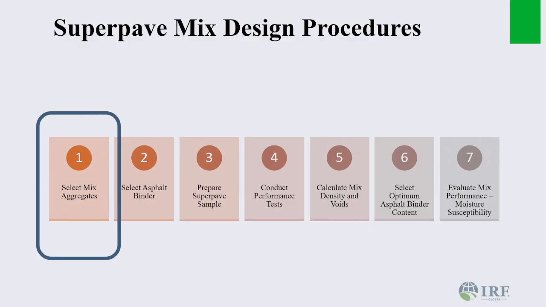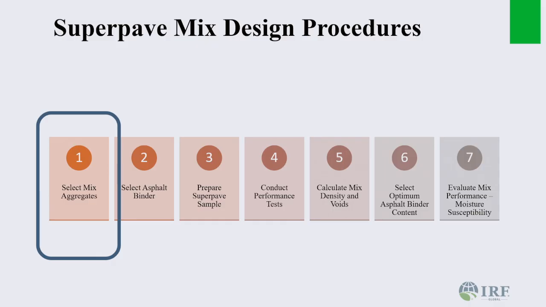Right. So we're going to start the mix design, mainly going through the design process. And I'll keep referring to some of the things that we talked about earlier. At least now we have a clear understanding.